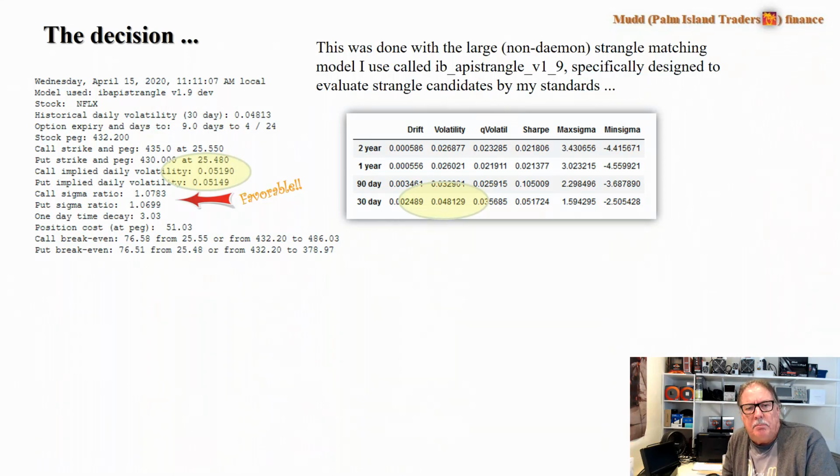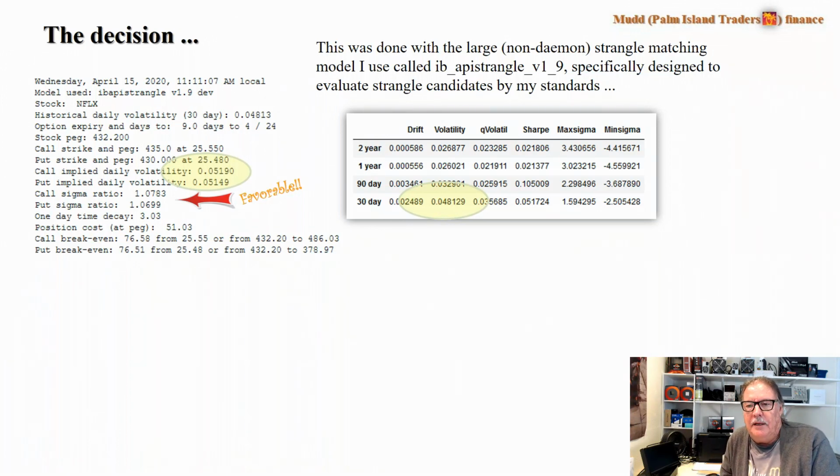Usually by now it's above 2, but the reason it's not above 2 is it's already sky high at 0.05. That's really high, even for Netflix. Because usually for Netflix, this is down at normal times, as we saw, around 0.026. And then as you get closer to earnings reports, it starts to rise to 0.03 or so.